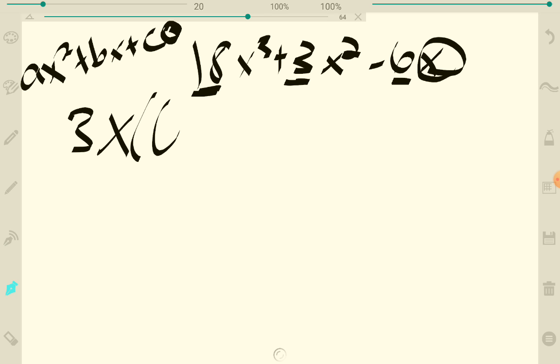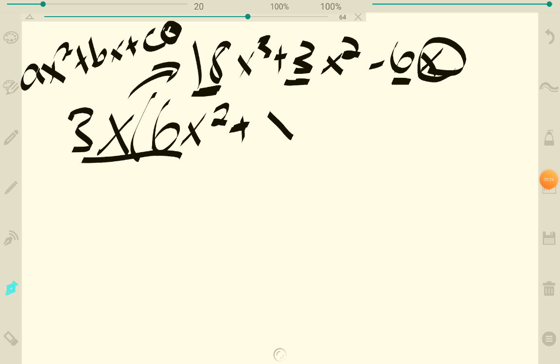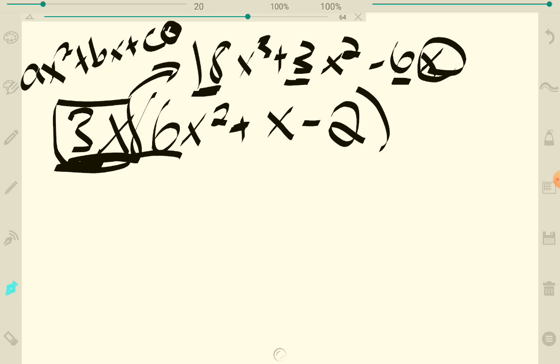So then we can do 6x squared, because this times this equals 18x cubed, plus x minus 2. And that's basically our factored outside over here.